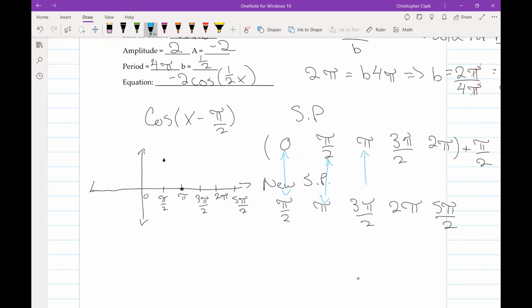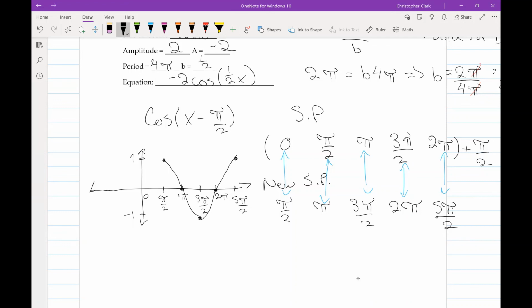Normally at pi, cosine is -1, but this is occurring at 3 pi over 2. Oh, let me do my graph correctly. So 3 pi over 2 is at -1. And then normally at 3 pi over 2, cosine is 0, but this is now occurring at 2 pi. And then normally at 2 pi, it should be 1 again, but this is now occurring at 5 pi over 2. So this is our graph of cosine, which looks kind of like what we expect.